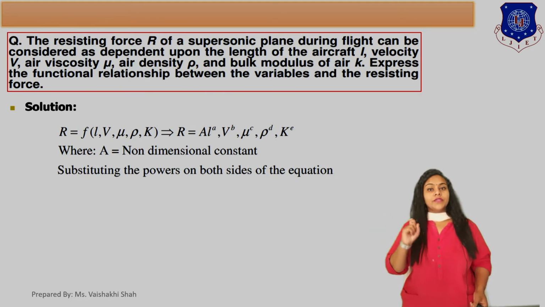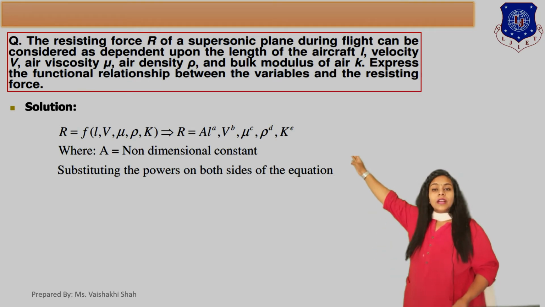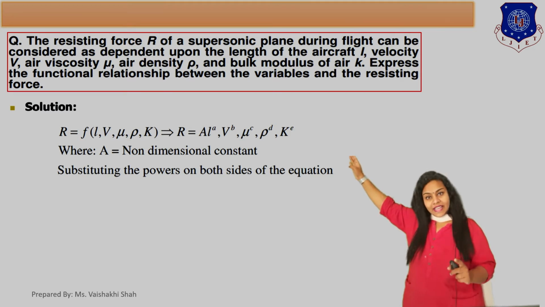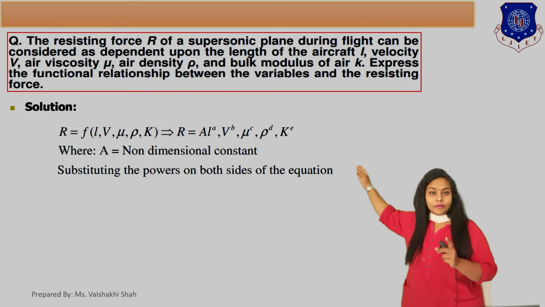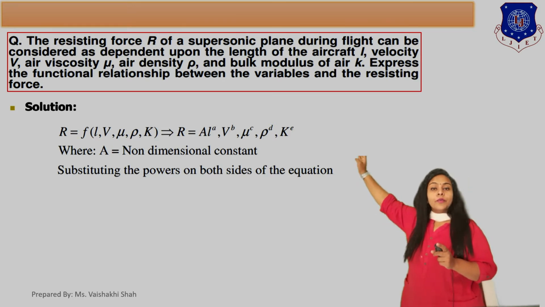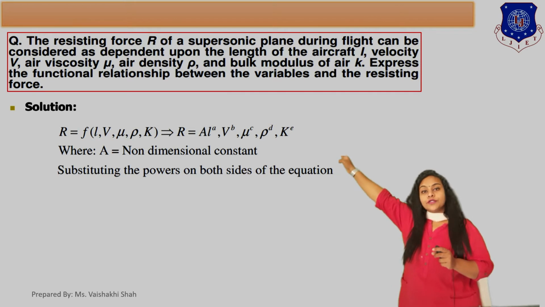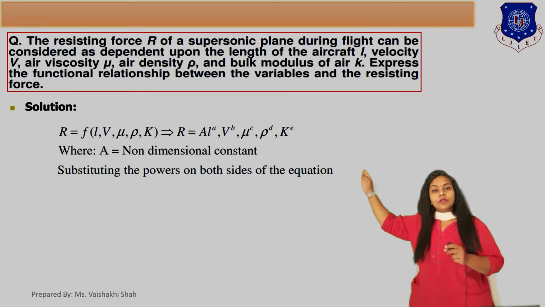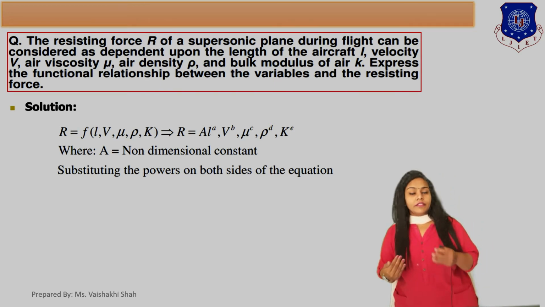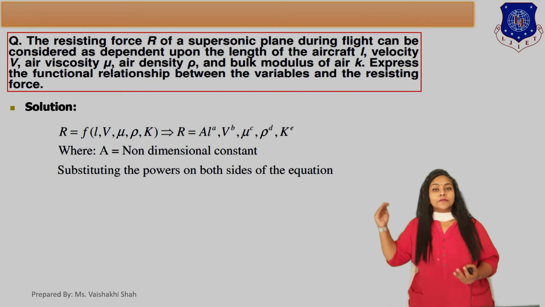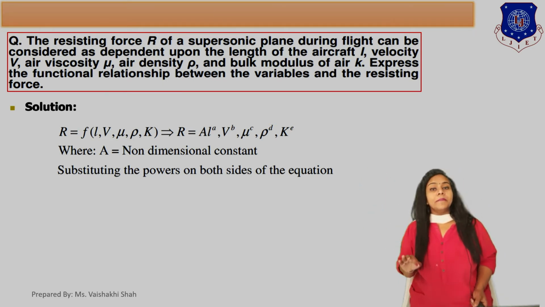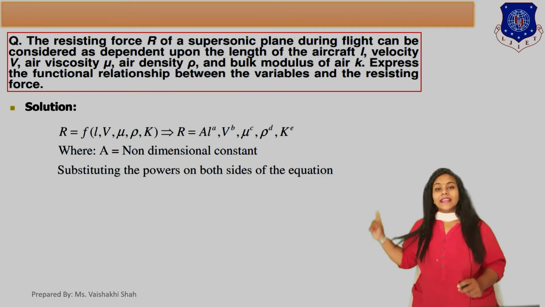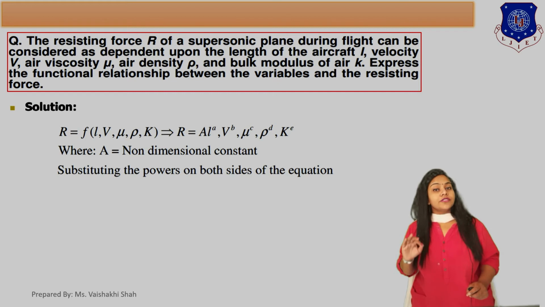Which is written as R equals A, that is your capital A, L raised to a, comma, V raised to b, mu raised to c, rho raised to d, and K raised to e. In Rayleigh method, the variables are written in exponential form here, where capital A is a non-dimensional constant. Remember that here capital A is a non-dimensional constant.